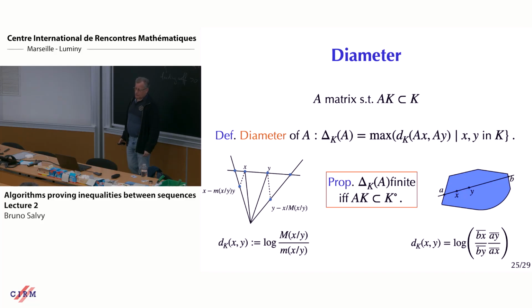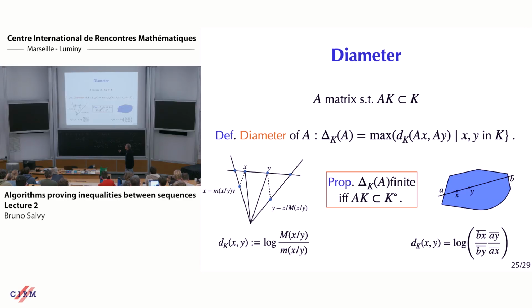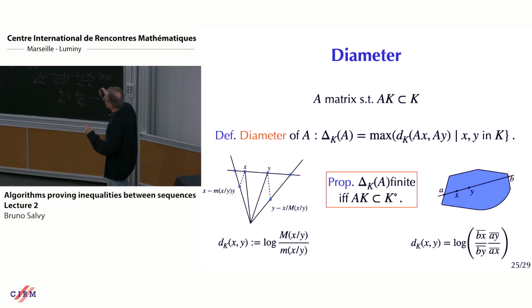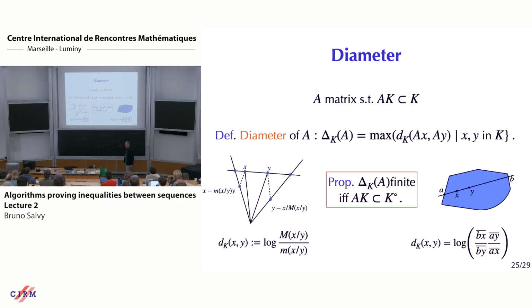So the diameter, again, you use some Thales magic to see that there's another definition for the distance in terms of the cross ratio. But so there's a limit diameter.